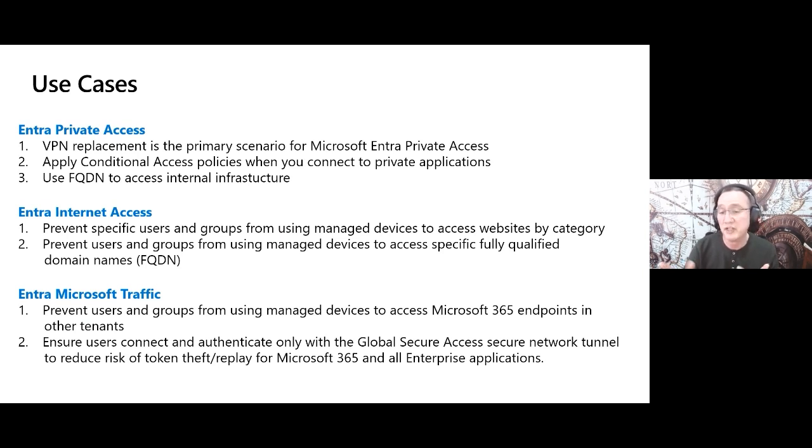What is the important thing here? For example, I can create a conditional access to say, if you want to access my internal SharePoints, you need to have the GSA client installed, because if not, you are going to be non-compliant according to my policy.